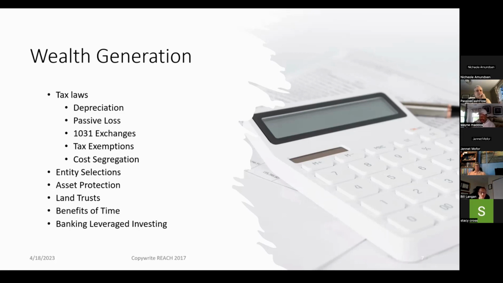So one of the benefits of holding things for a time is that as time goes by, the value of a property goes up, rents go up, so do expenses, but at the same time, you're typically paying down the mortgage. And so how much you owe goes down.